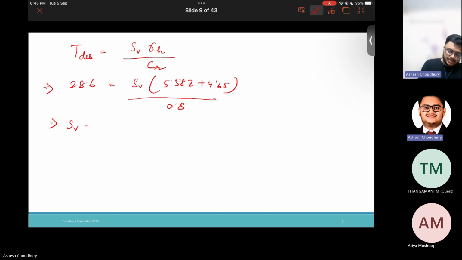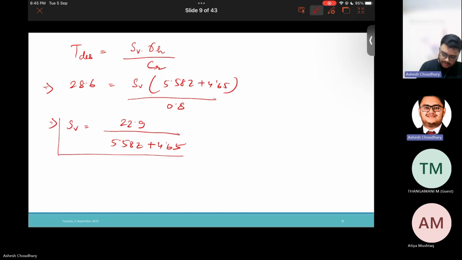Therefore, we can get the spacing from here as 22.9 over 5.58 Z plus 4.65. So this is the spacing.